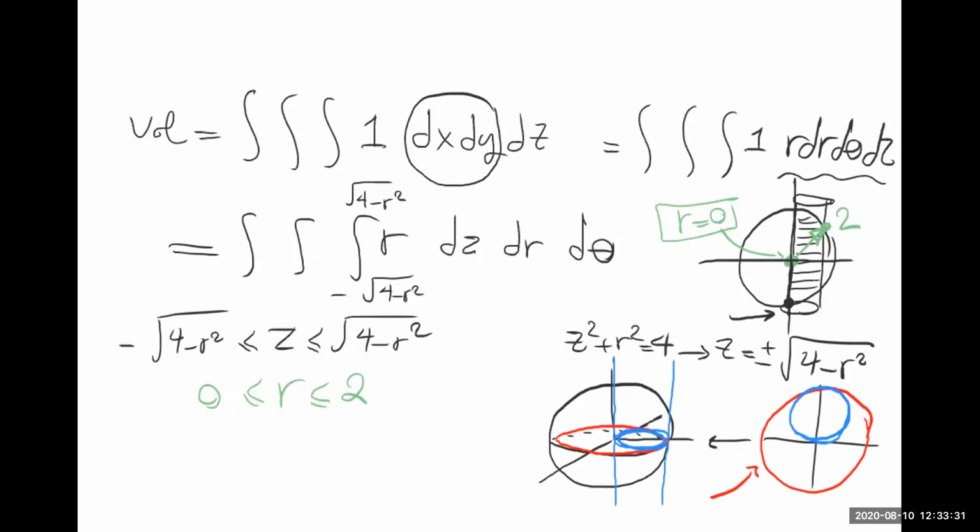The blue one is the cross section of the cylinder. Okay. So what are the values of theta? Theta starts at 0. It starts here. It goes up to here, which is pi. So theta changes from 0 to pi. Does it make sense to everyone? If it's confusing, ask. So 0 to 2, 0 to pi.